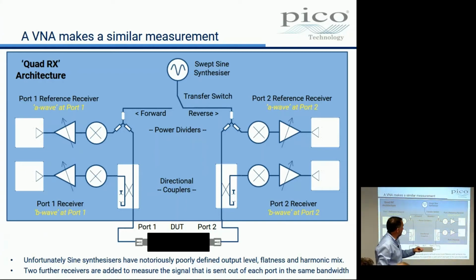Now, when we mix these signals down, if we're outputting, say, 3 gigahertz as a tone, and then at the mixer we inject, say, 2.999 gigahertz, then the output from the mixer will be a 1 megahertz signal.